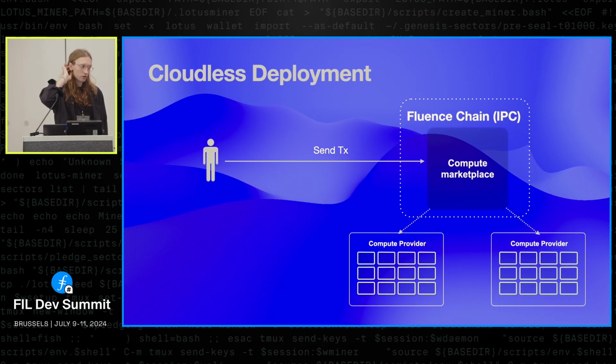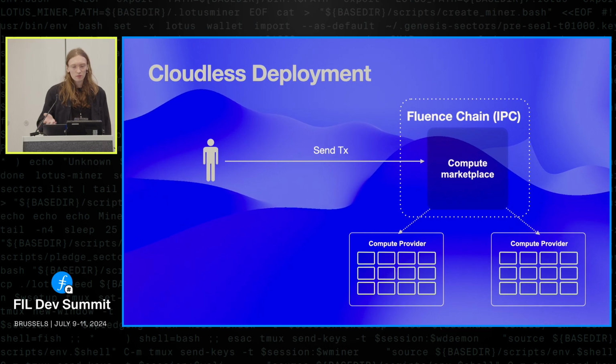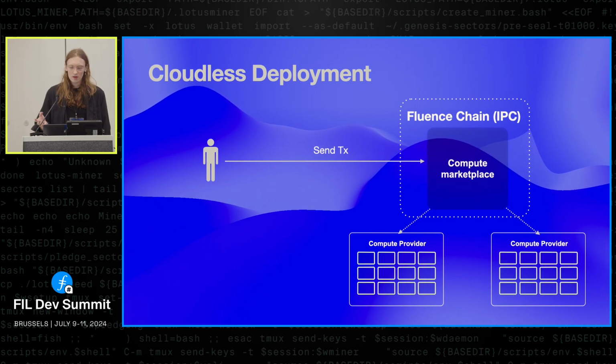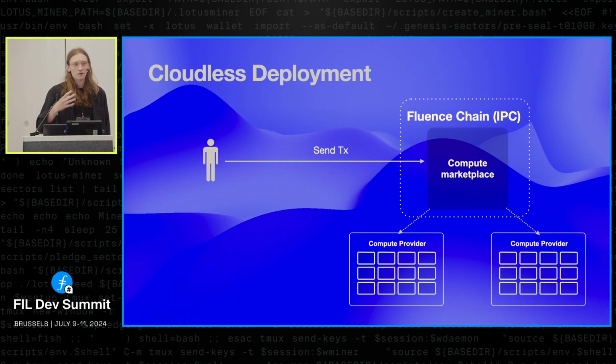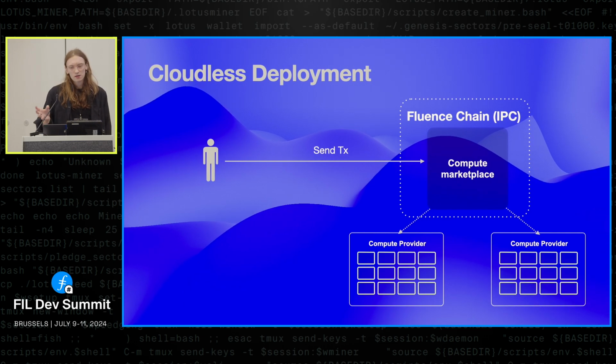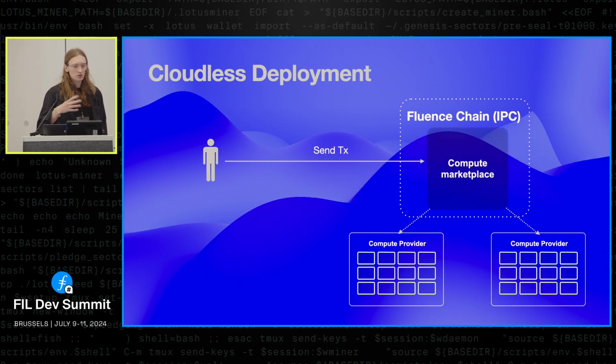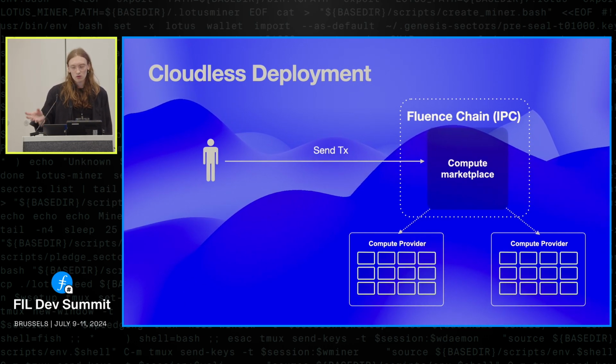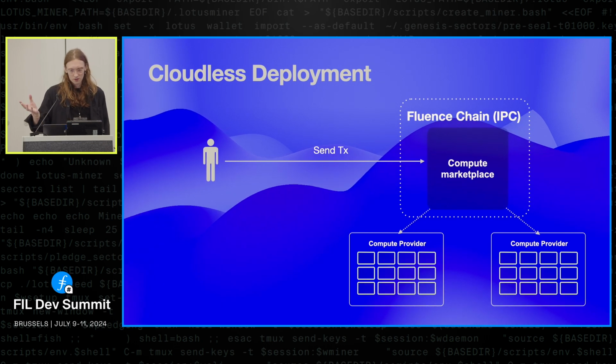And then you send a transaction to the Compute Marketplace that you want to have this number of workers, you want to host this code, and you want to run this code, and that's it.